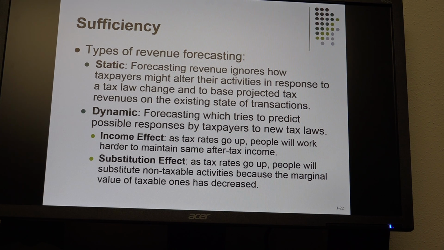The income effect says that as tax rates go up, people will work harder to maintain the same after-tax income. Substitution effect says as tax rates go up, people will substitute non-taxable activities because the marginal value of taxable ones has decreased.